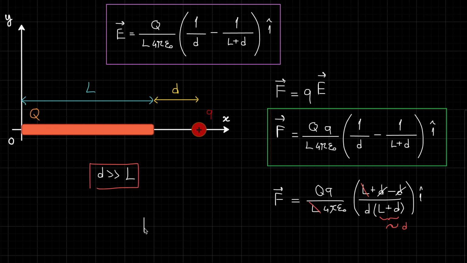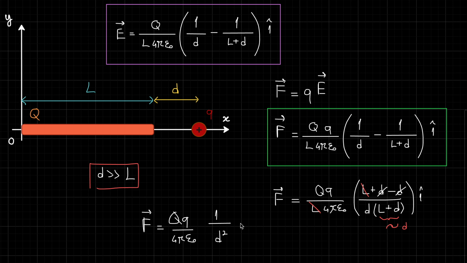In other words, here's what we get. F goes to the product of the two charges divided by 4 pi epsilon 0, because capital L has canceled out. And then in the expression in parentheses, we have 1 divided by d squared.